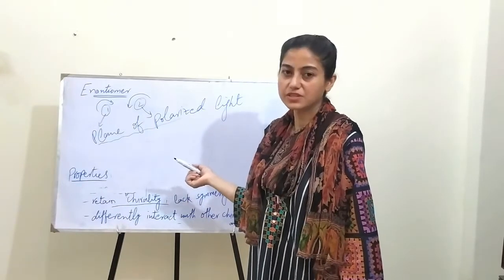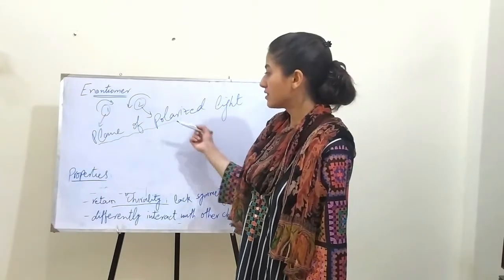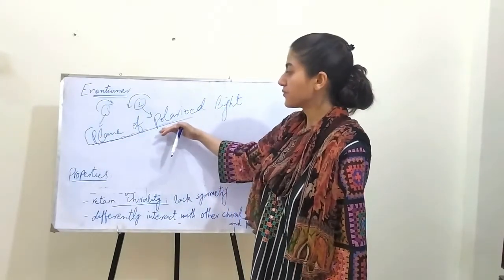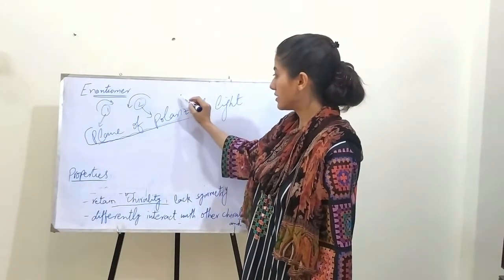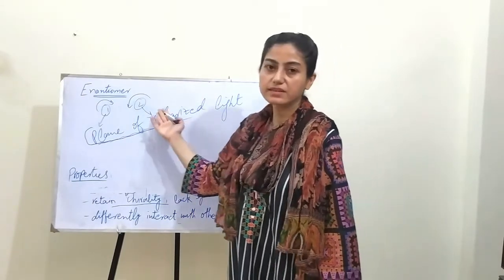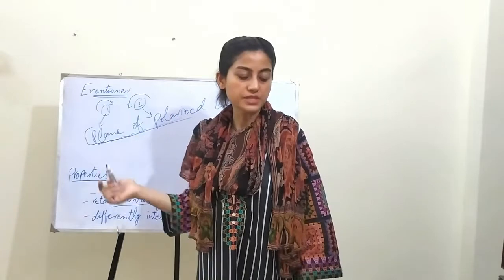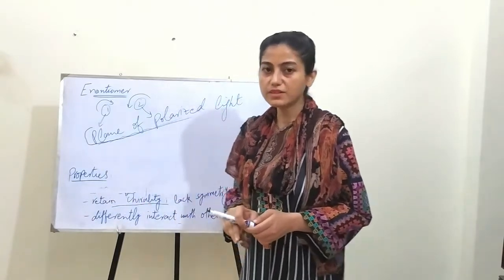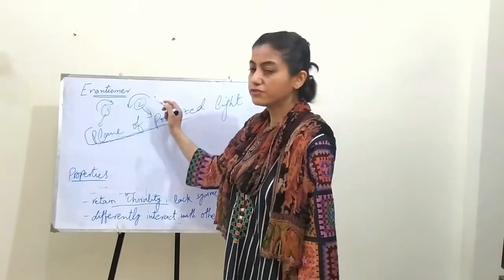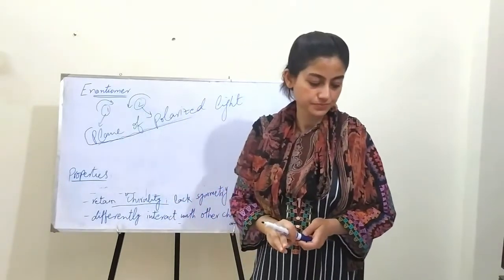In the next lecture you will find the whole lecture about this plane of polarized light or the polarity or optical activity. Actually this idea lies under the topic of optical activity. Then you may find the whole concept in the lecture of optical activity.